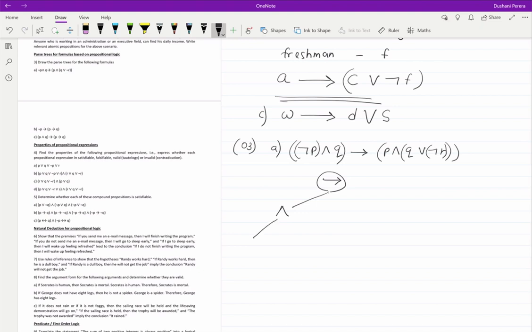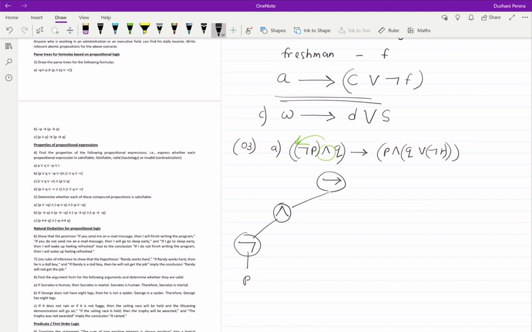Towards the left hand side of the AND, this is the AND, towards the left hand side of that AND we have the negation sign, and after that we have P. So this is how the left hand side of the branch goes.